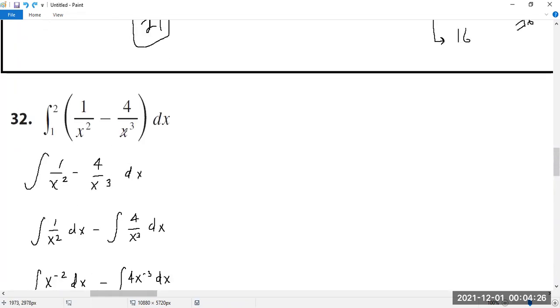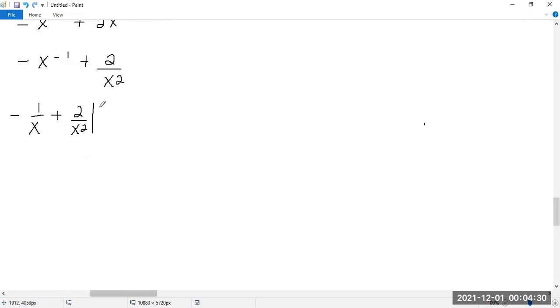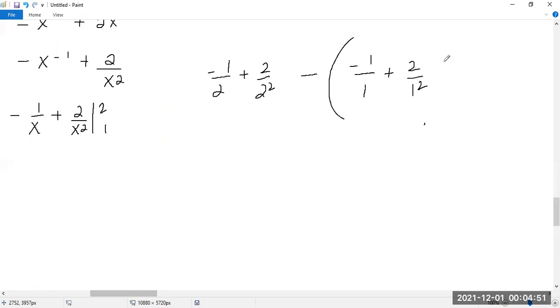But going back up here, we're supposed to evaluate at 2 and 1. So we'll evaluate this at 2 and 1. And we'll say, okay, let me go ahead and plug in the upper bound, which is negative 1 over 2 plus 2 over 2 squared, right? Subtract that from plugging in the lower bound, which is negative 1 over 1, plus 2 over 1 squared, right?